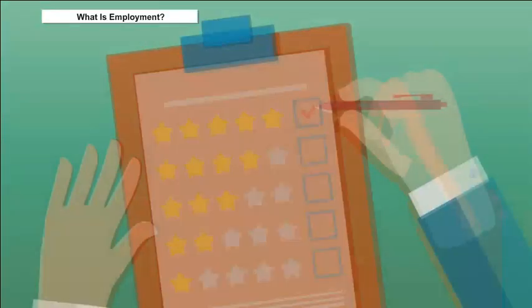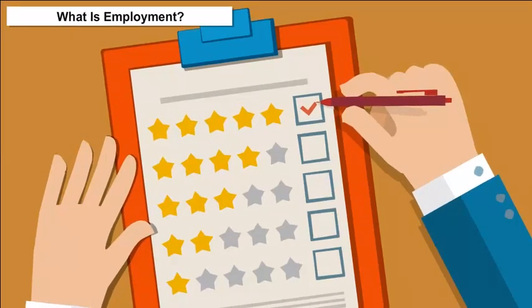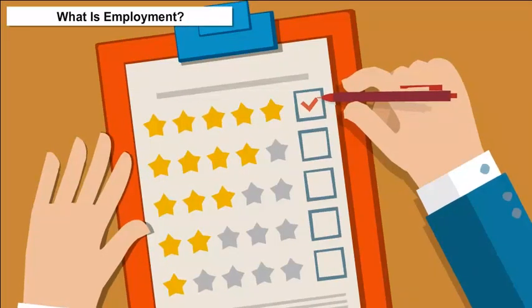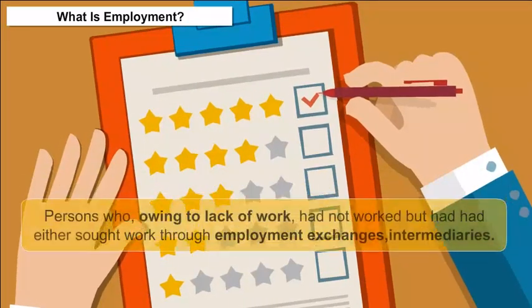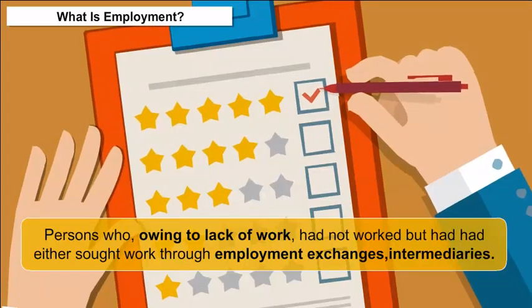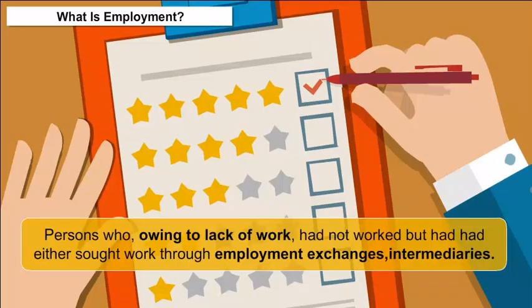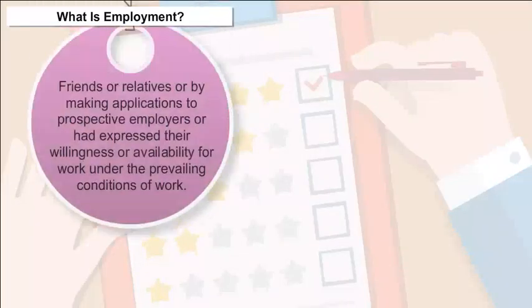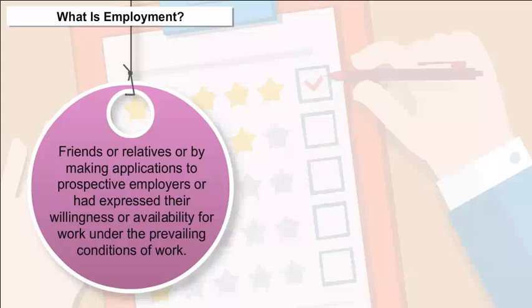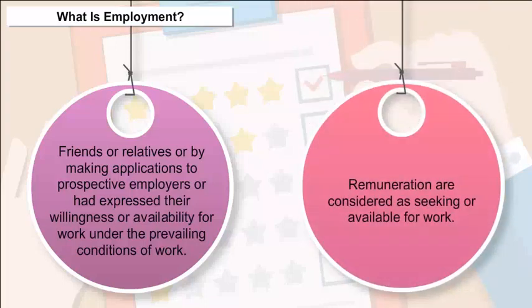Unemployment. According to NSSO, unemployment can be defined as follows: persons who, owing to lack of work, had not worked but had either sought work through employment exchanges, intermediaries, friends or relatives, or by making applications to prospective employers, or had expressed their willingness or availability for work under the prevailing conditions of work and remuneration, are considered as seeking or available for work.